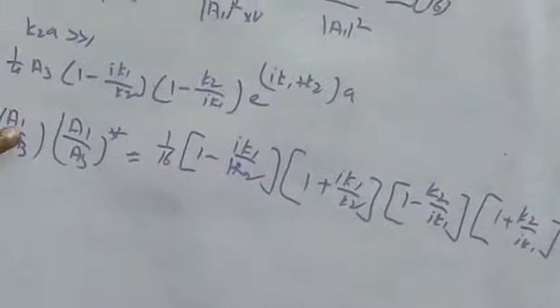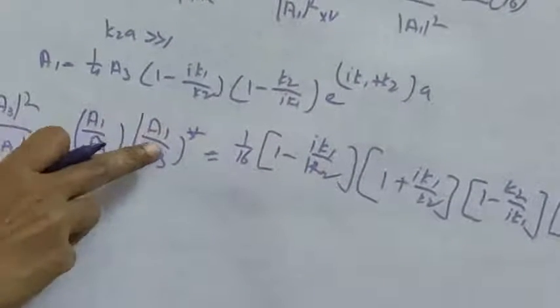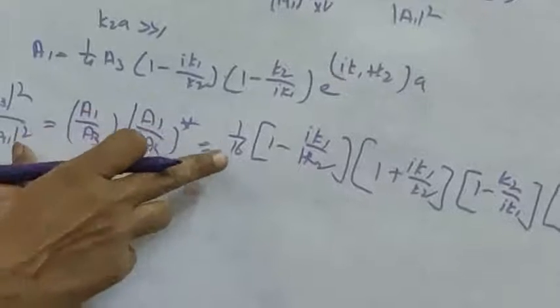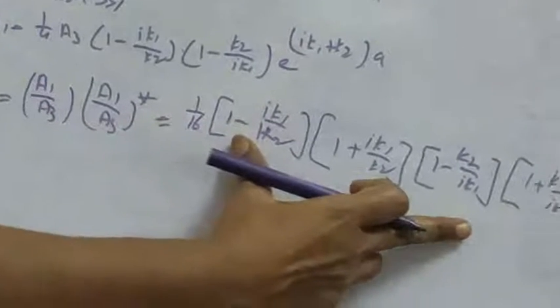So by multiplying A1 by A3 and its conjugate, we get this whole term.